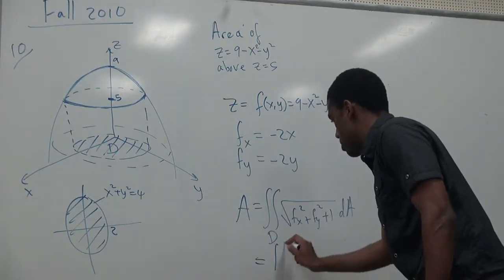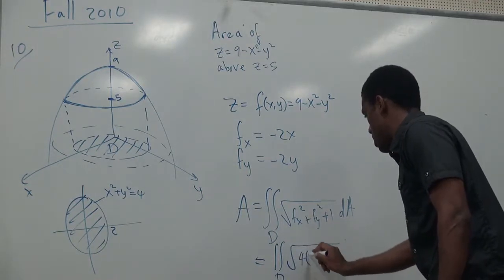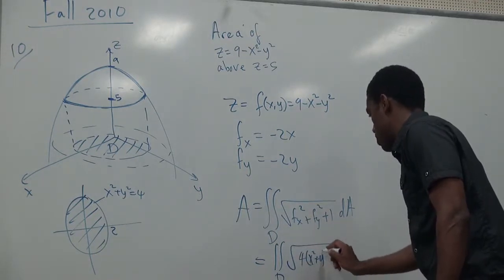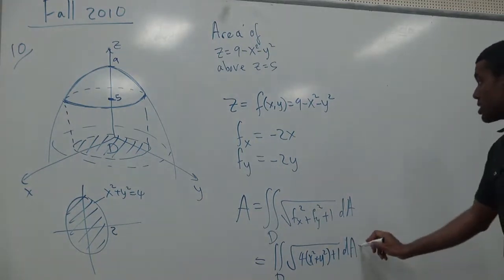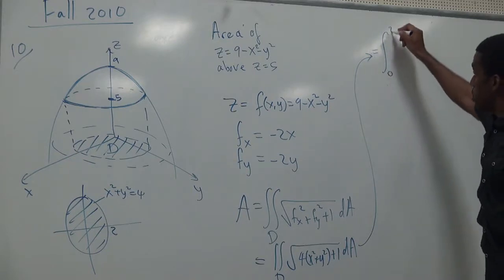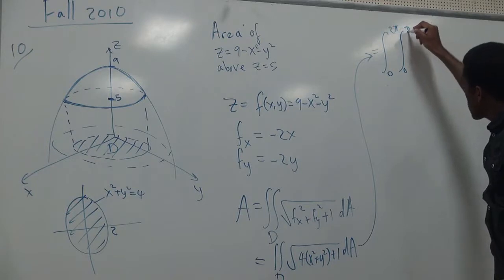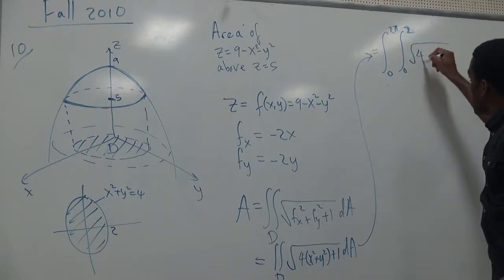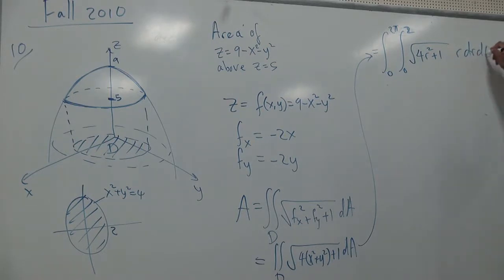That would be the double integral over D of the radical of 4x squared plus 4y squared plus 1 dA, which is easy to switch to polar now. So that's equal to the integral from 0 to 2 pi, 0 to 2, of the radical of 4r squared plus 1 times r dr. And then you just do a u sub, u equals 4r squared plus 1.